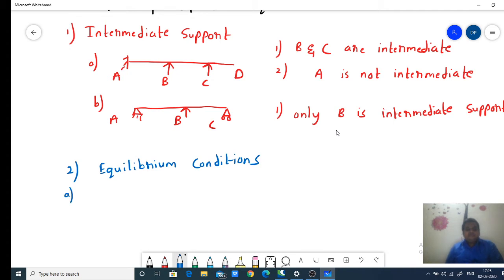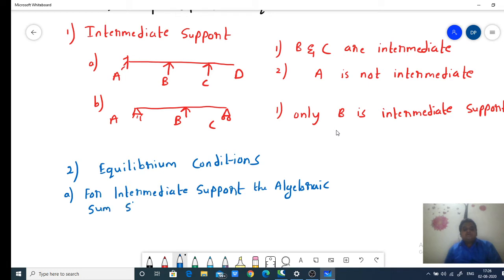One is, for intermediate support, if I am considering the equilibrium conditions, the algebraic sum should be 0. So this is one case.